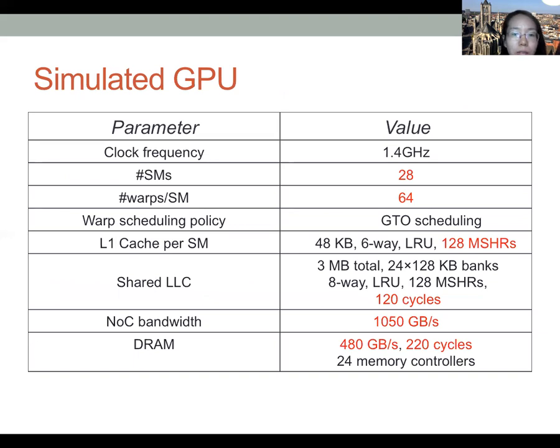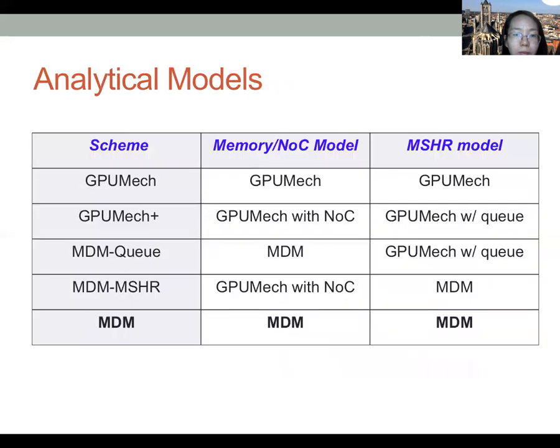We assume 28 SMs, 64 warps per SM, 128 MSHRs per L1 cache, 1050 GB per second NOC bandwidth, and 480 GB per second DRAM bandwidth. We will conduct sensitivity analysis for important parameters such as SMs, number of MSHR entries, NOC bandwidth, as well as DRAM bandwidth.